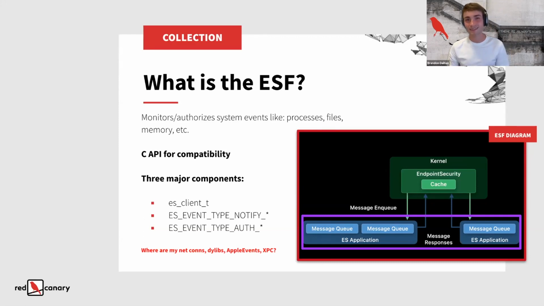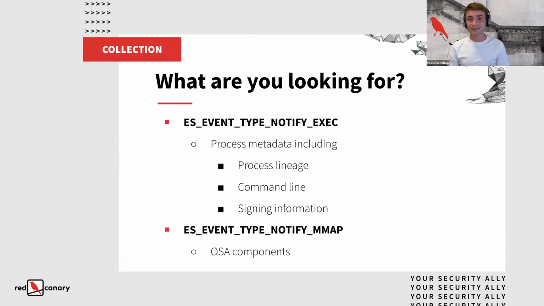If we go to the next slide, Kat, we'll talk a little bit about some of the exec and mmap events. Exec events contain information pertaining to the execution of a process. You can pull out a whole bunch of metadata about these processes, but a lot of the data is derived. Apple's not going to blatantly tell you if something is ad hoc signed.